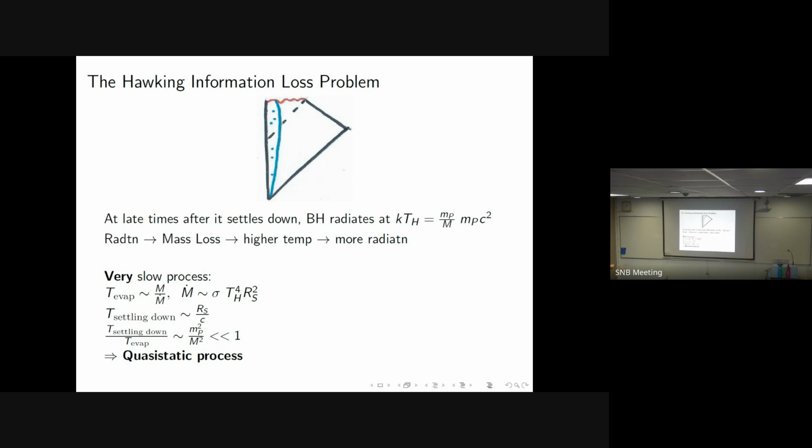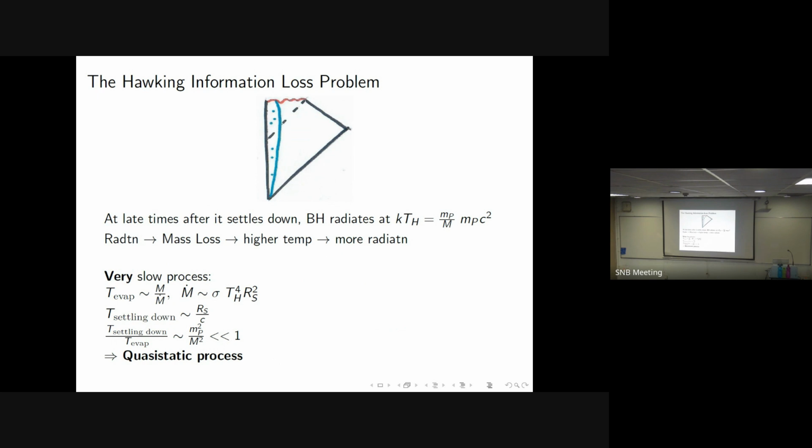So at very late times, he was able to get a very simple and nice form for the kind of radiation which the black hole emitted, and it turns out that it emits completely thermally. So it emits radiation, whatever is the field you put over here. Right? So you put some field at some null.